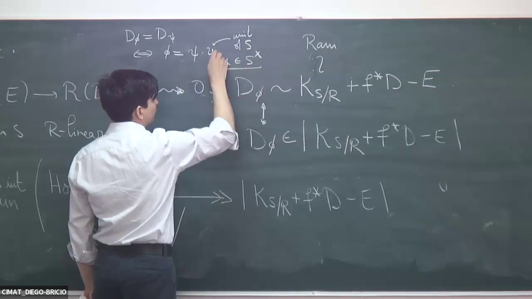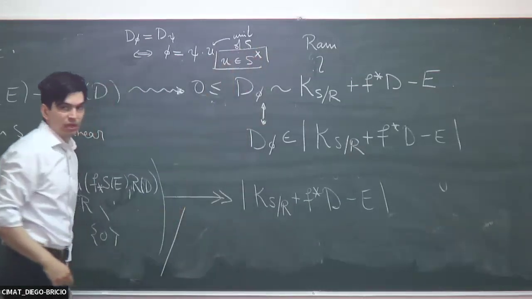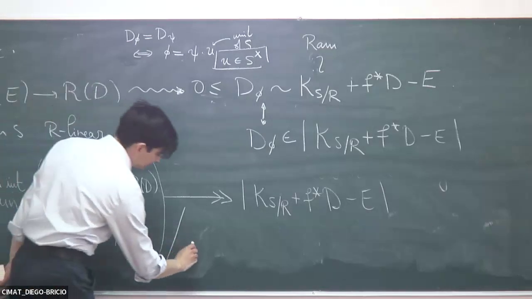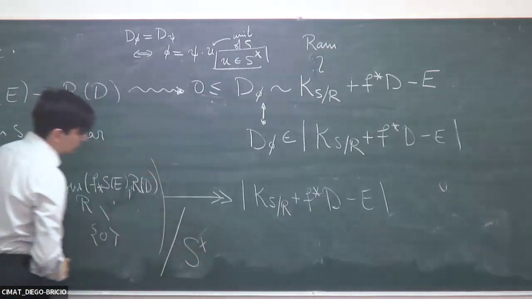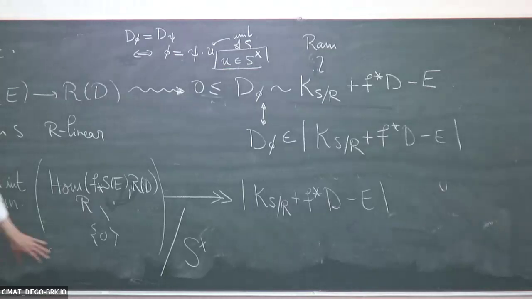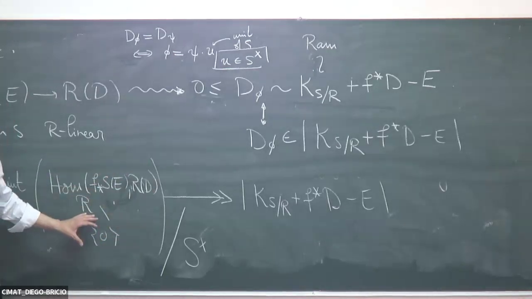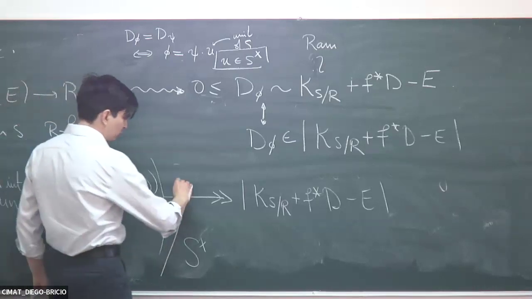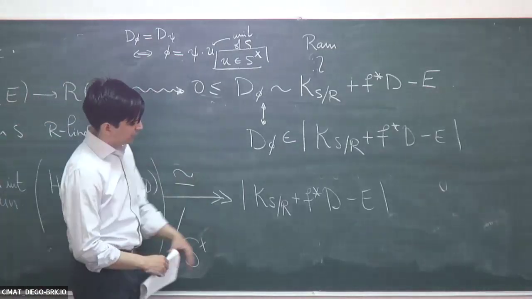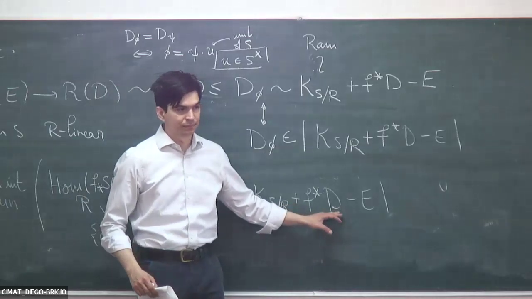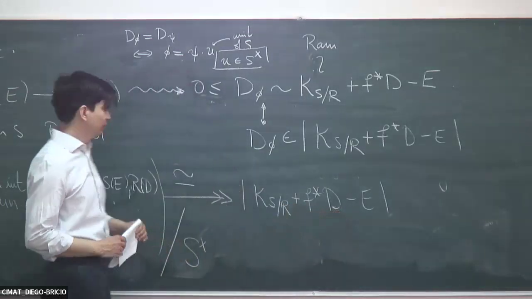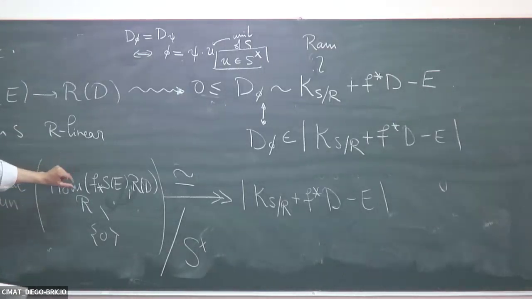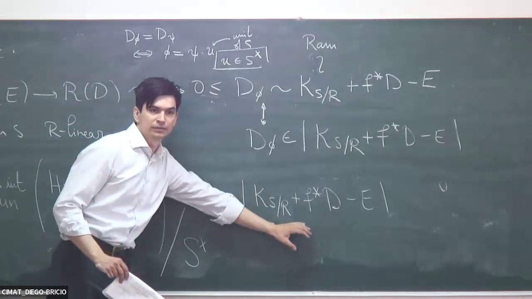So S times here denotes the units of S, which is a multiplicative group. And so what happens is that you have the action of this multiplicative group on this set, and the quotient happens to be isomorphic to this linear system. So this is, very generally, the correspondence between Homs of this type and divisors.